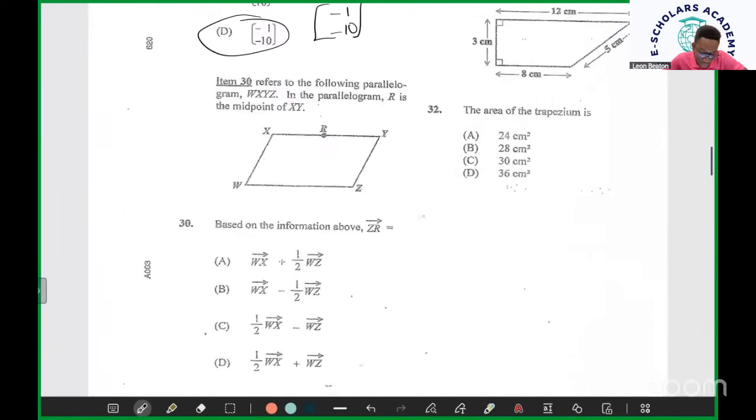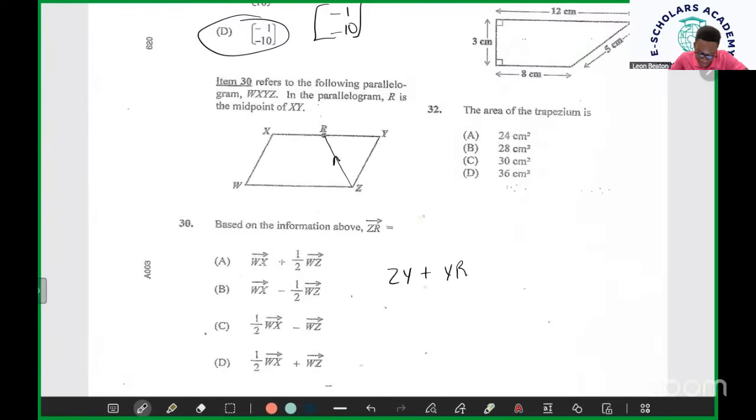Item 30 refers to the following parallelogram W, X, Y, Z. In the parallelogram, R is the midpoint of XY, and based on the information above, I want ZR. So ZR is equal to, we can move from Z to Y plus Y to R. But of course, I know they don't have that as the answer.